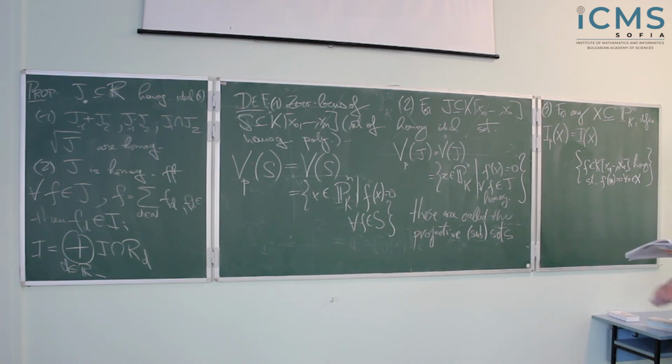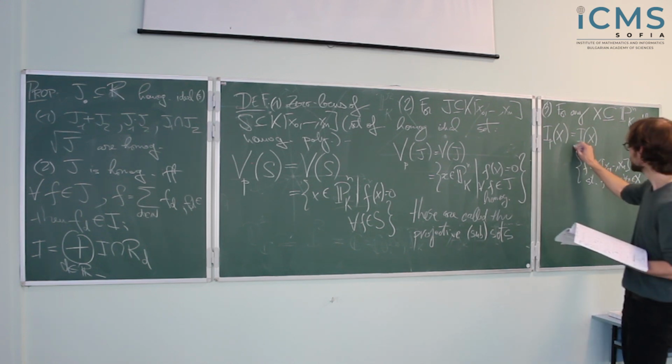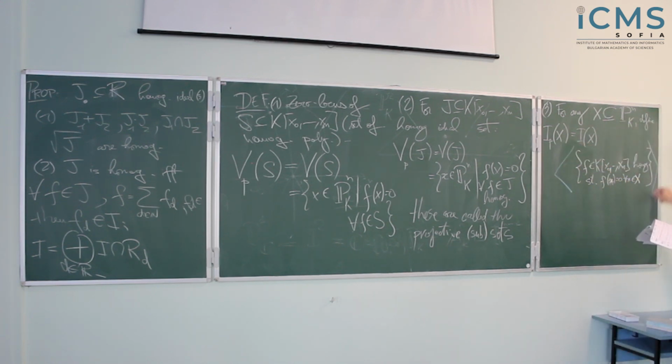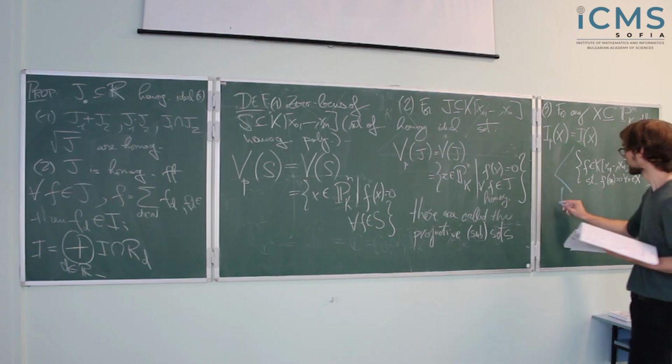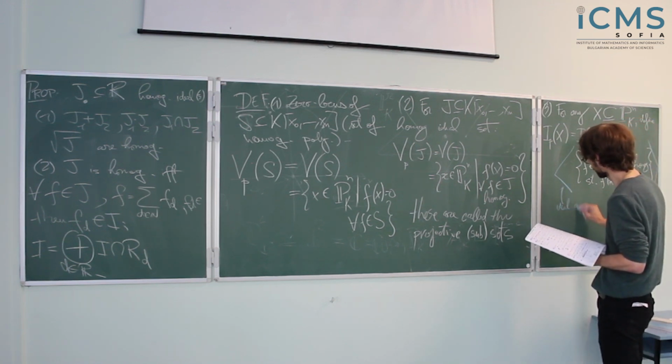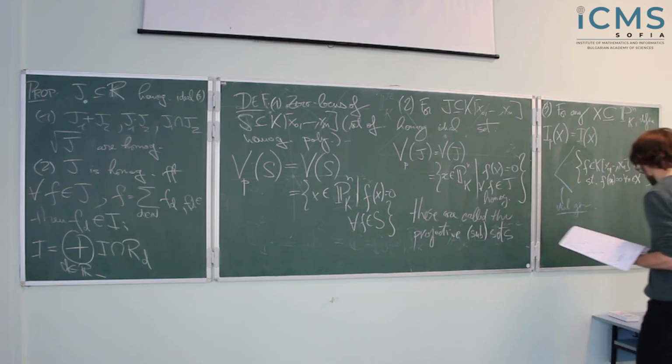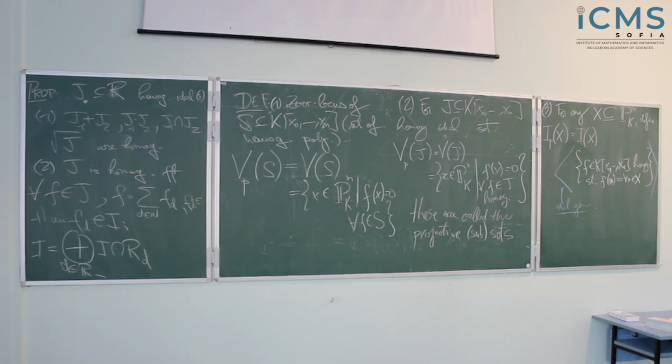This is not stable under addition, for instance. So what I do is just take the ideal generated by this. So that this makes sense, right?